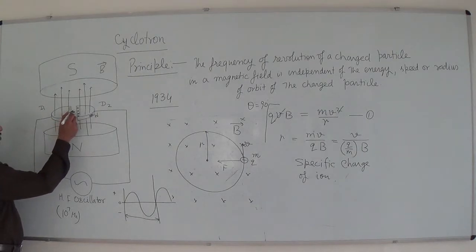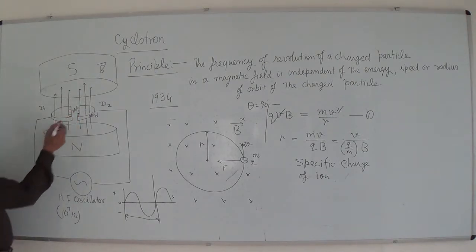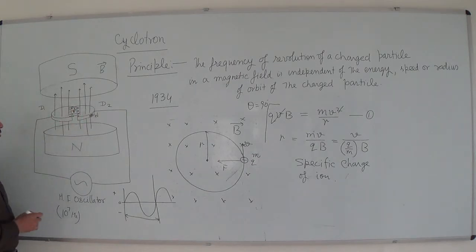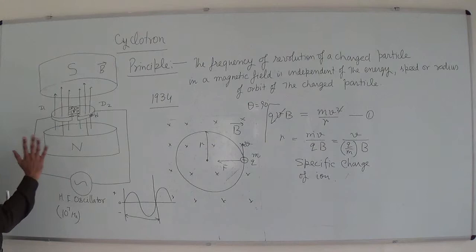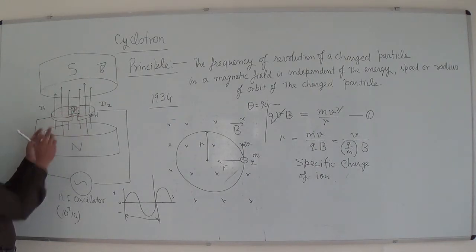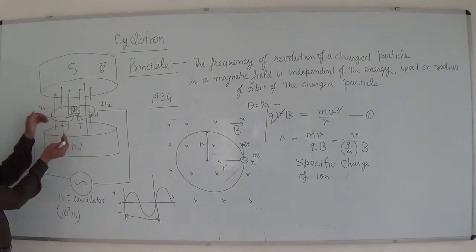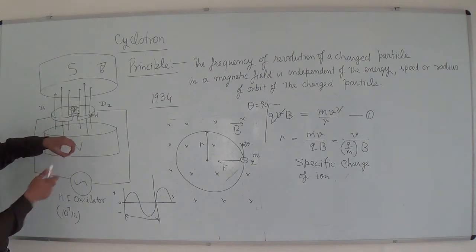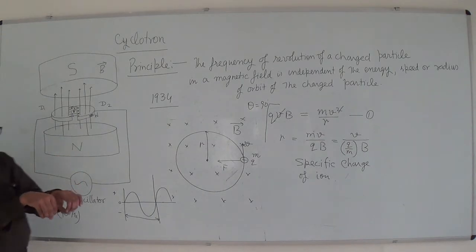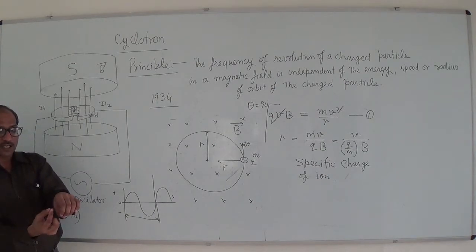So this is our positive ion, and an electric field will be applied between these two D's towards D1 in the beginning. The gap between D1 and D2 is very small, and both D's are hollow like this, and the charged ion is here.